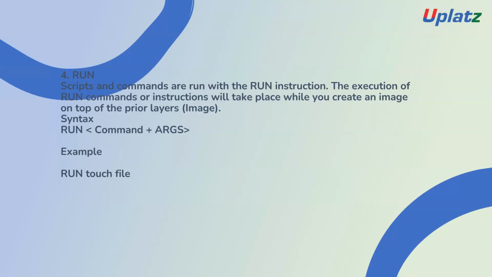Now the run command. Basically, once your Docker image is ready, then only will this command run. Scripts and commands are run with the run instruction, and the execution of run instructions takes place while you create an image, on top of your previous layer image.